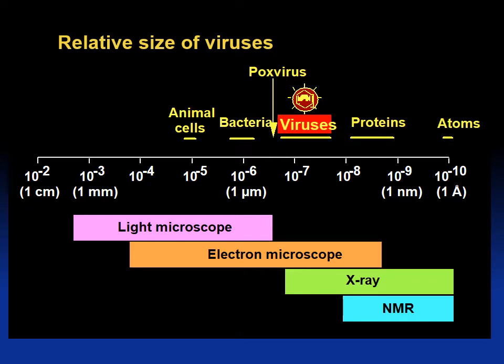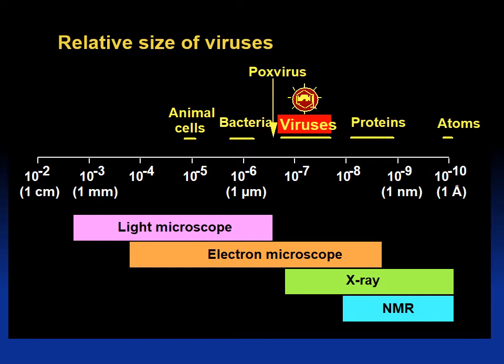With X-ray crystallography, you will be able to detect different proteins and atoms, while nuclear magnetic resonance will help you identify even further all those tiny molecules.